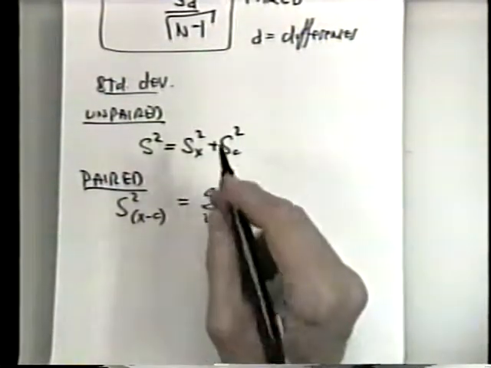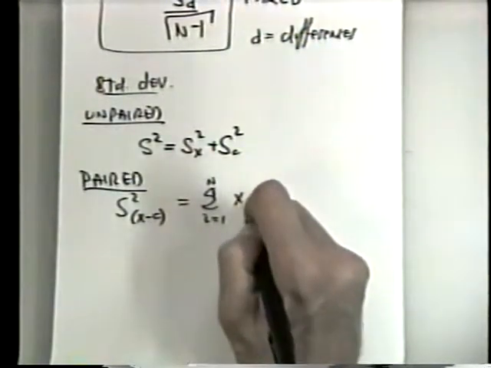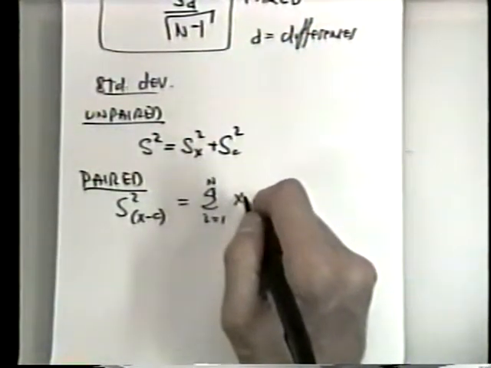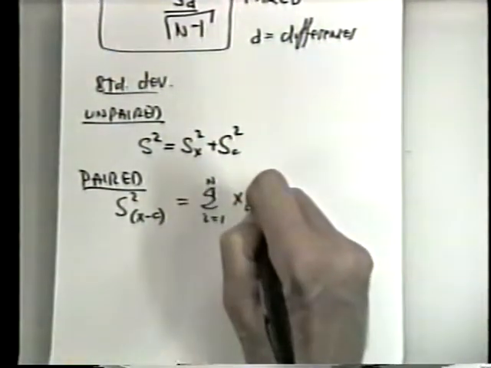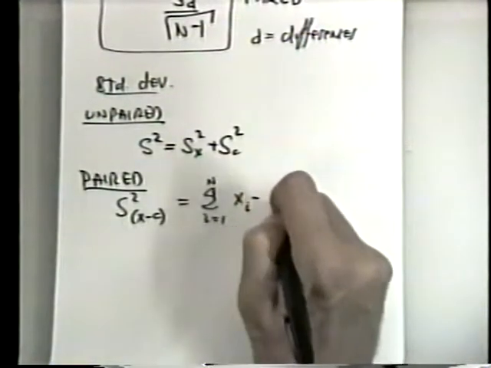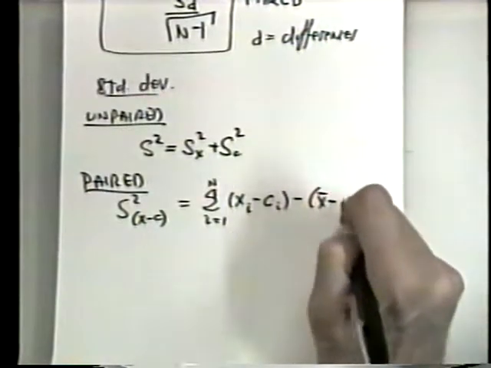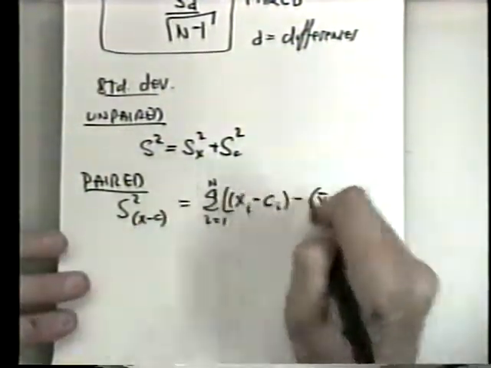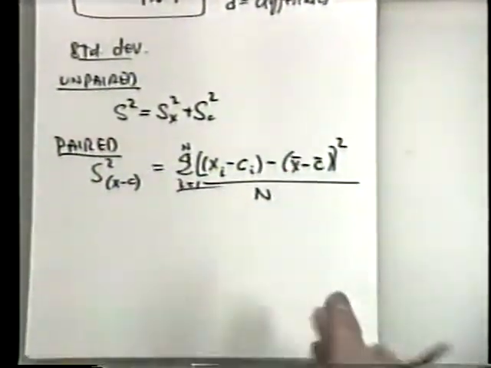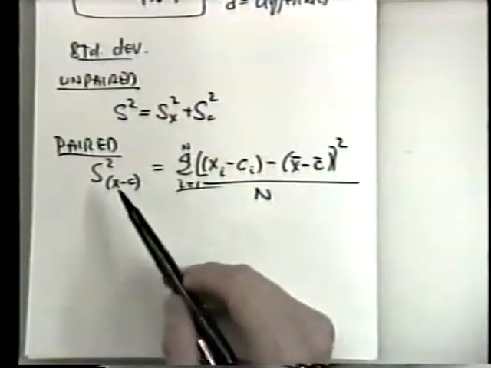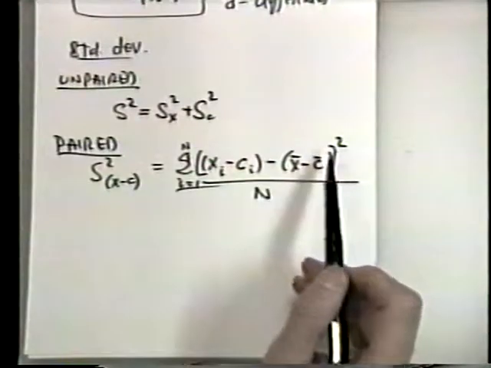That's equal to the sum over i from i equals 1 to n of the difference between each experimental and control, minus the difference in the experimental and control means, squared, divided by n. Okay, because this is what the pair is. This is the difference between the two, and if we're doing the variance of this, it's the difference between the two minus the means, squared.